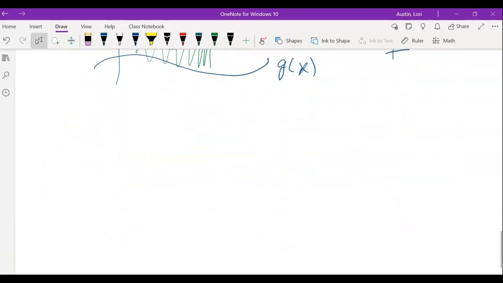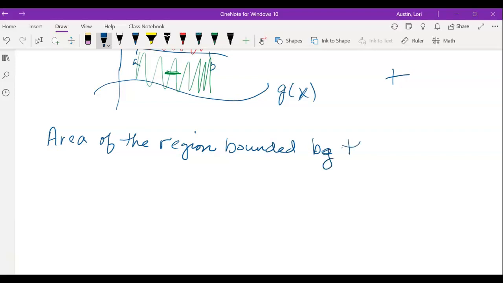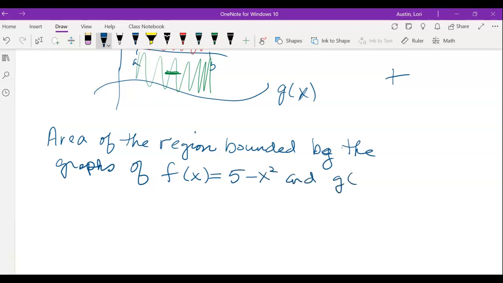All right, so I want the area of the region bounded by the graphs of f of x equaling 5 minus x squared and g of x equaling x squared minus 3.